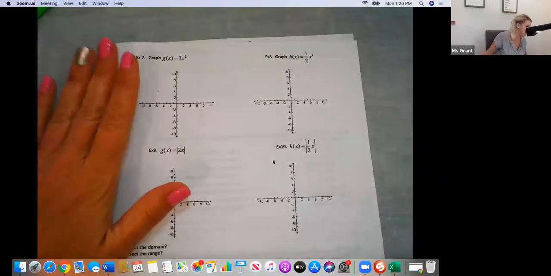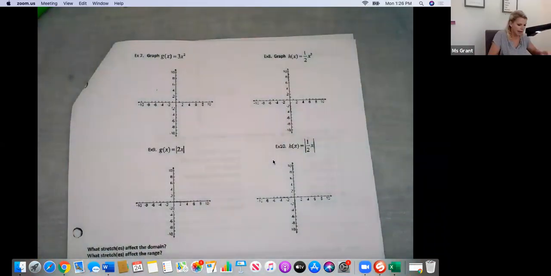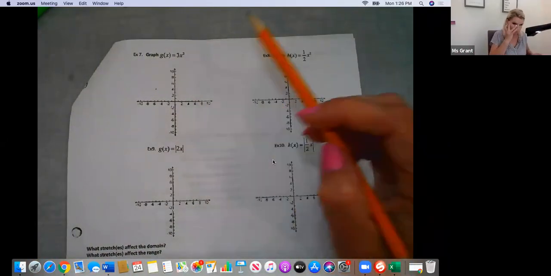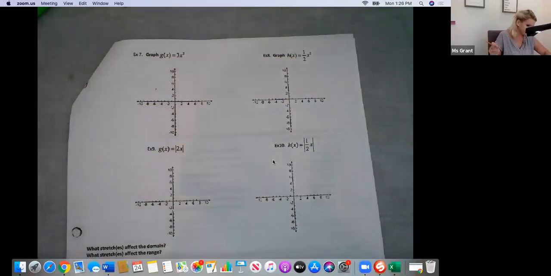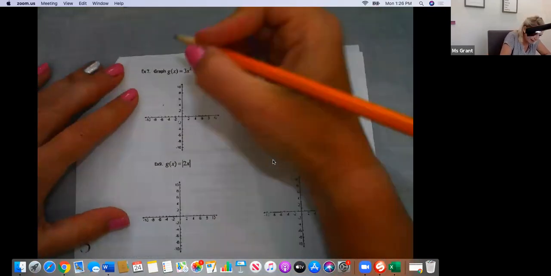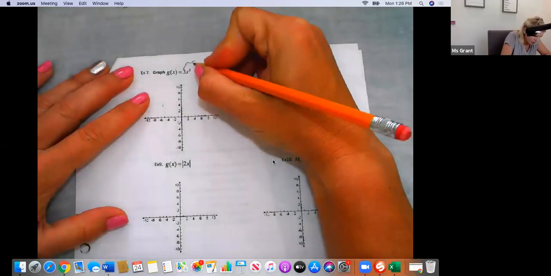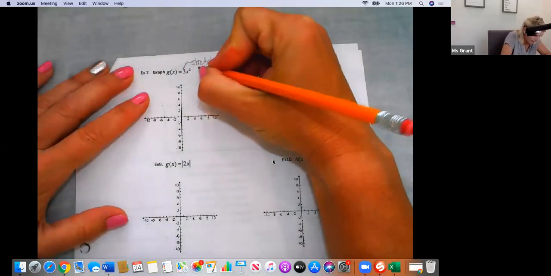So here we are. An x squared is a parabola, right? The 3 that you see is going to be a stretch by 3.